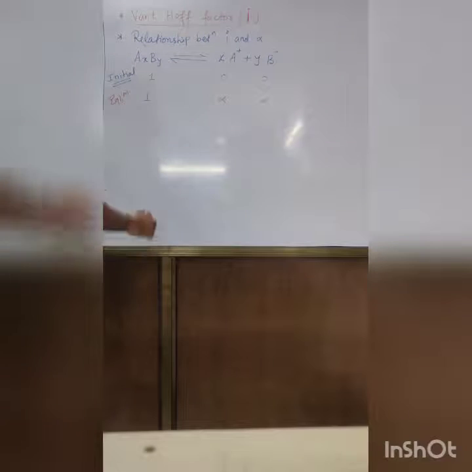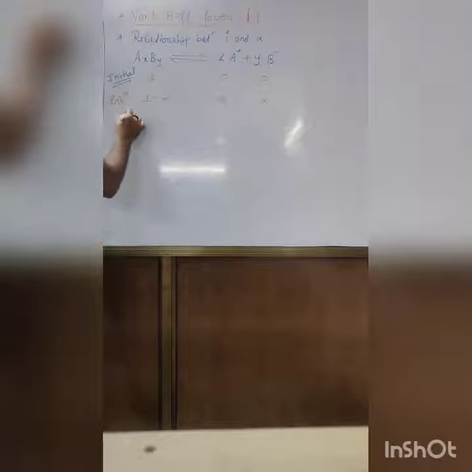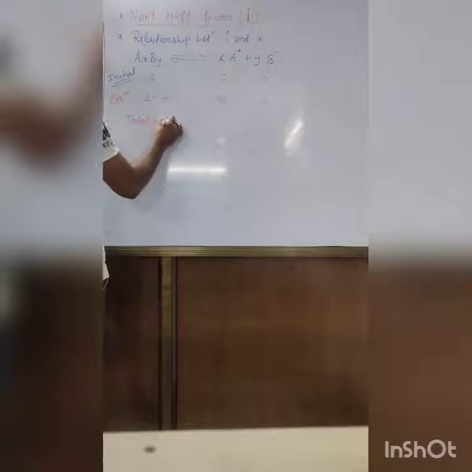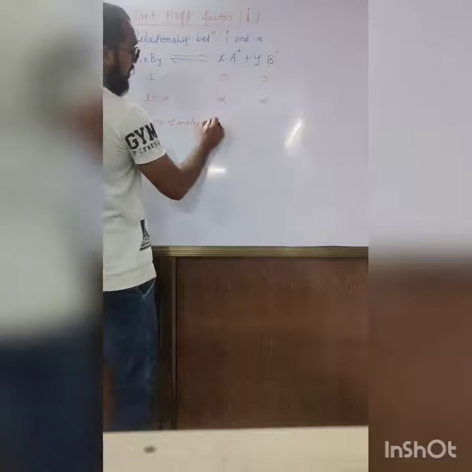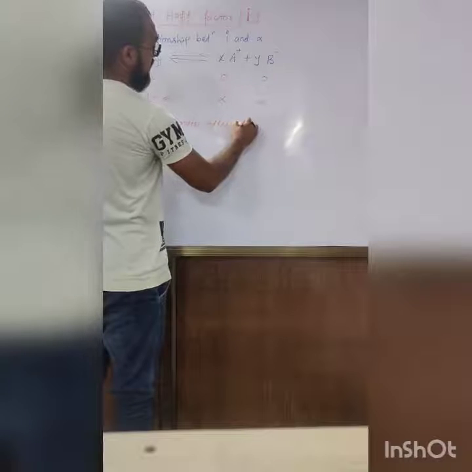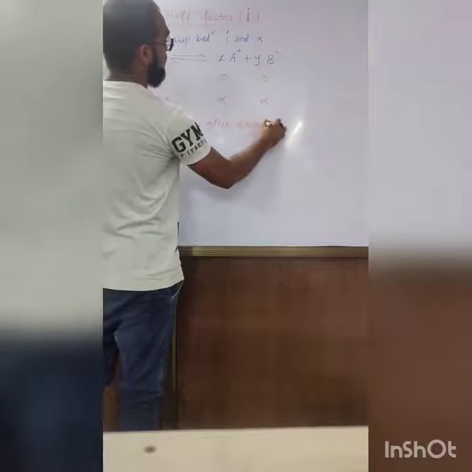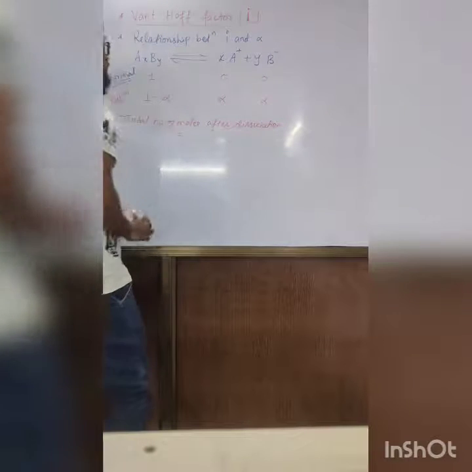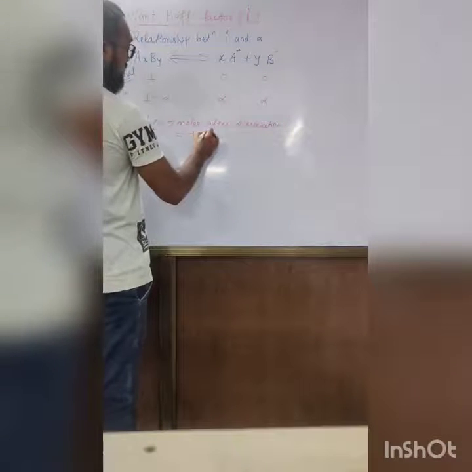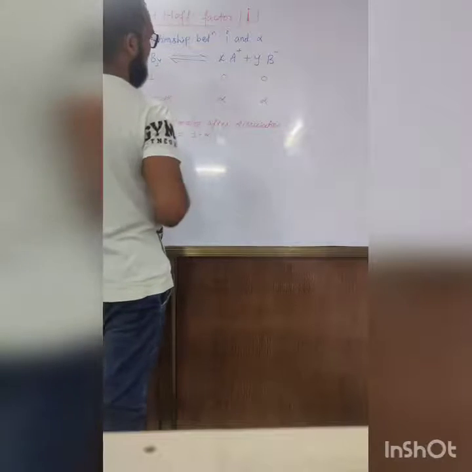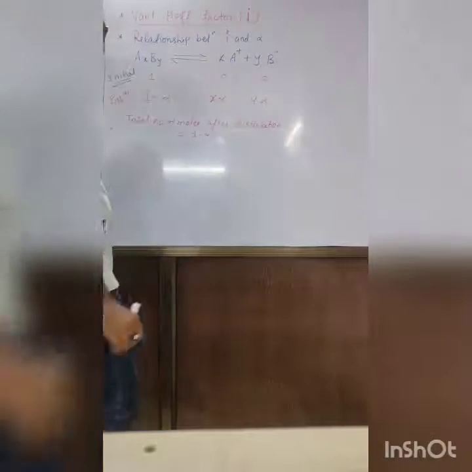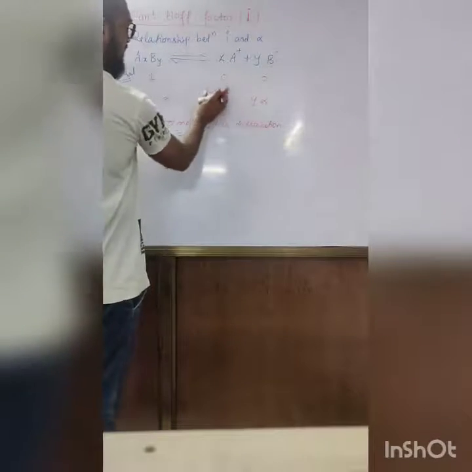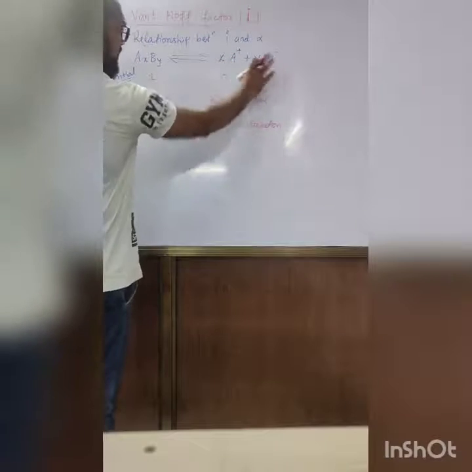So how much is remaining? 1 minus alpha. So the total number of moles after dissociation will be 1 minus alpha, and we can also write x alpha and y alpha.